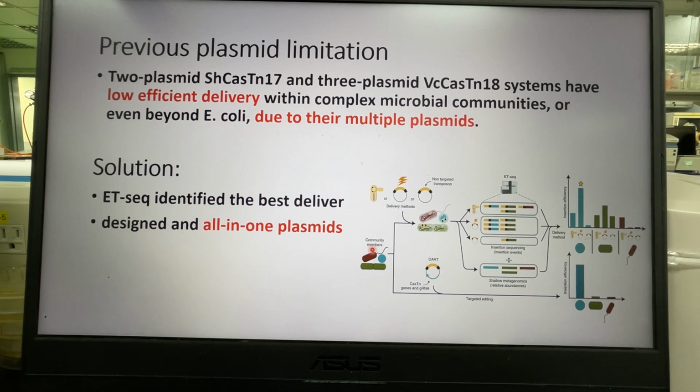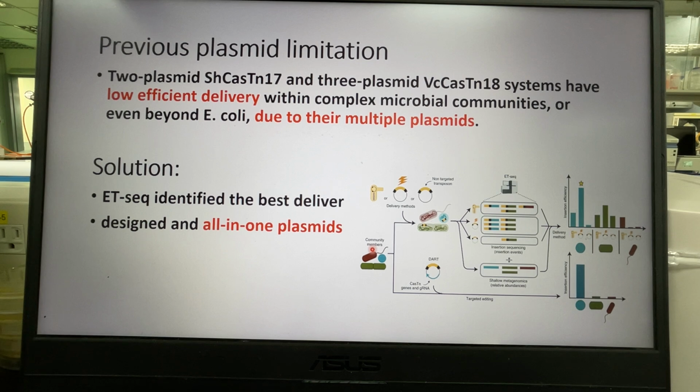The previous plasmid limitation is that they are delivered with low efficiency in complex microbial communities, or even beyond E. coli, due to their multiple plasmids.